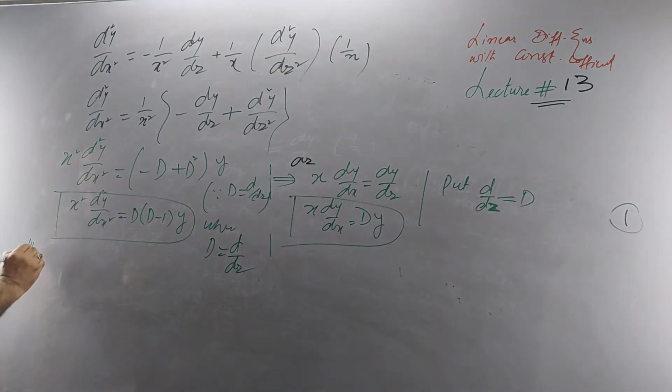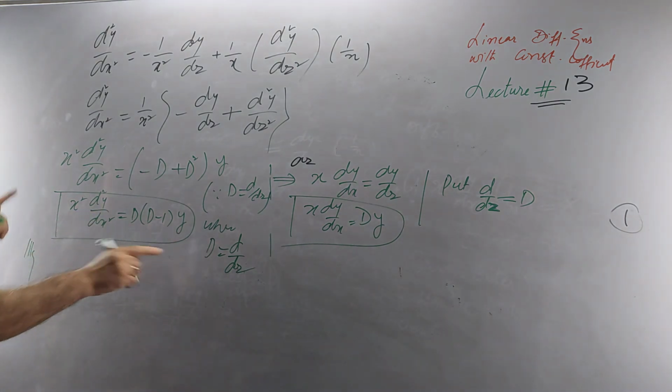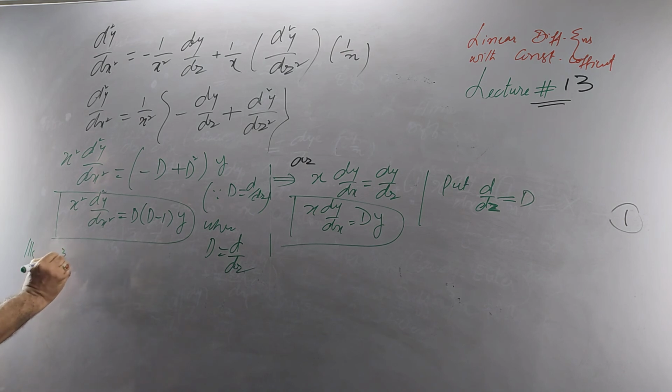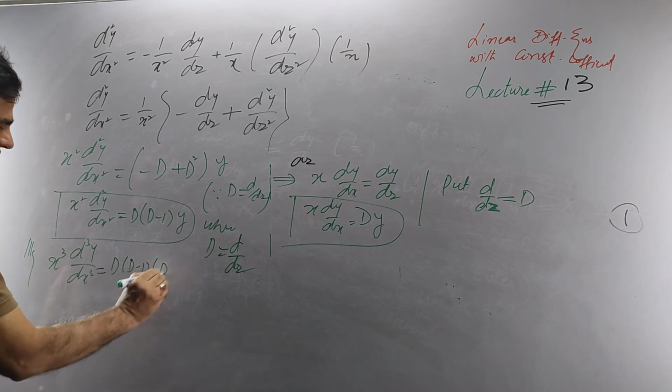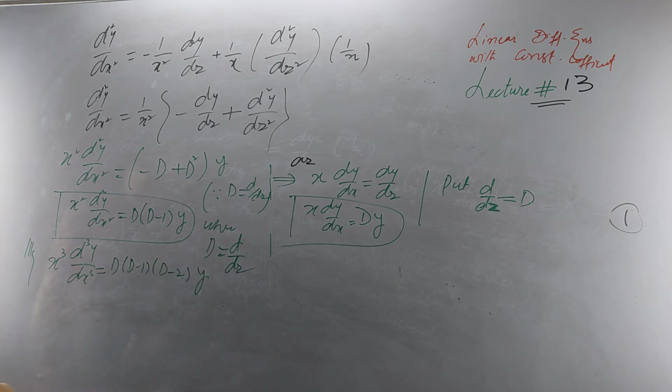Similarly, when we differentiate this again, we get x cube d3y by dx cube. It will be D into D minus 1 into D minus 2 y, and so on.